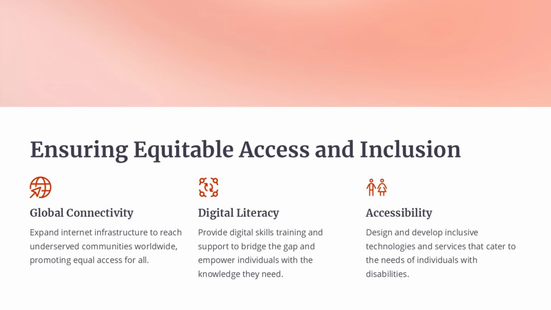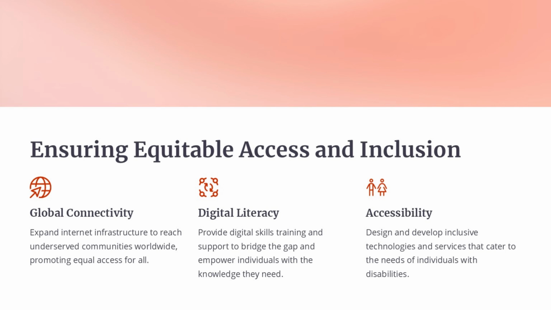The key focus of this presentation is ensuring equitable access and inclusion in the digital world. We'll explore three critical areas to achieve this goal: global connectivity, digital literacy, and accessibility. Expanding internet infrastructure is crucial to reach underserved communities worldwide and promote equal access for all.